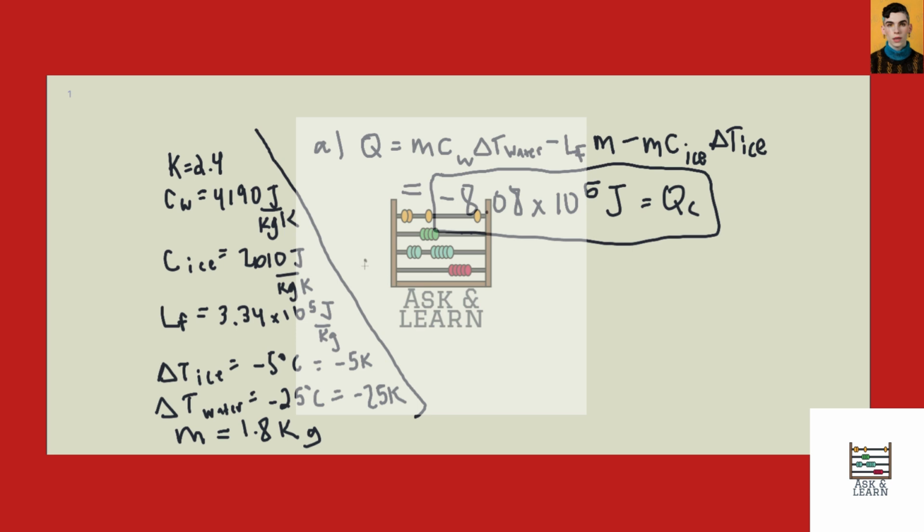For that, we want to find the work done, and the work done is going to be Q cold over K. If you plug in the magnitude of Q cold, 8.08, no negative because we use magnitudes, divided by K, 2.4, you should get 3.37 times 10 to the 5th joules.